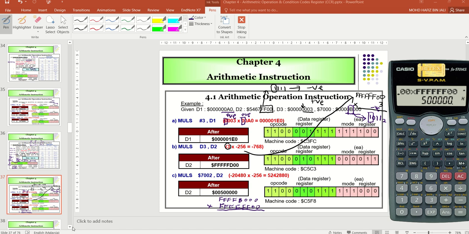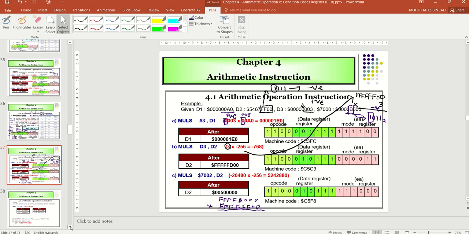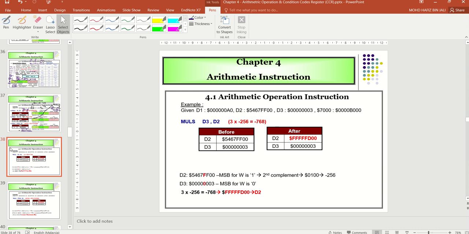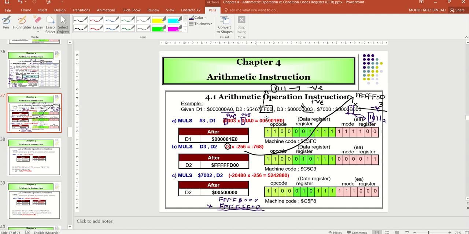Next is another example of how to solve it, using a different method than what I have just shown you. If you can understand the solution in this slide, you can just proceed. But for me, I use this method because it's much simpler.